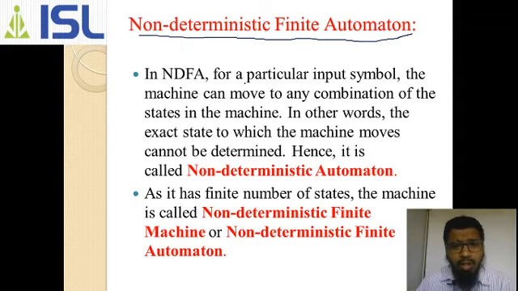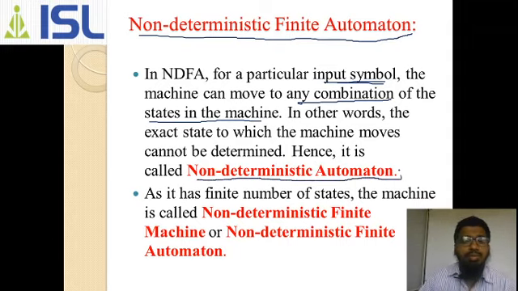In NDFA, for a particular input symbol, the machine can move to any combination of the states in the machine. In other words, the exact state to which the machine moves cannot be determined, hence it is called non-deterministic automation.